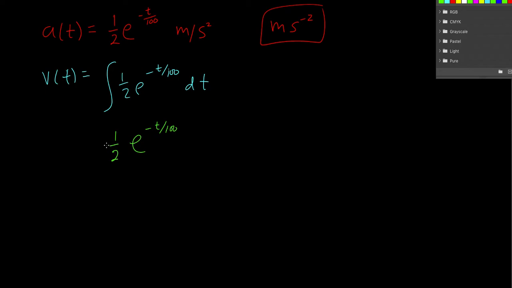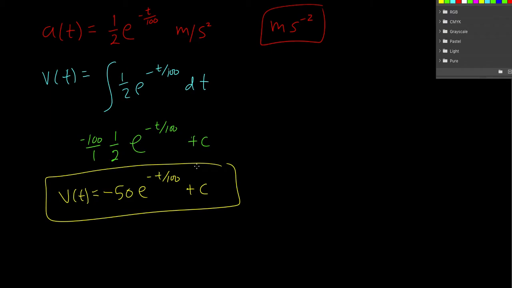If we flip that upside down, we get negative 100 over 1, because dividing and multiplying by a reciprocal are the same thing. Then we do our plus c on the outside. Now we can simplify this constant to negative 50 e to the negative t over 100 plus c. And so this is our velocity function.